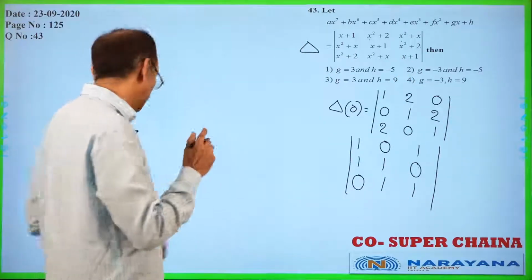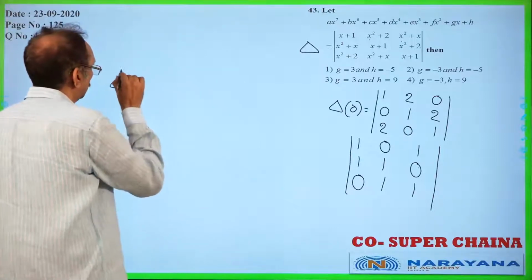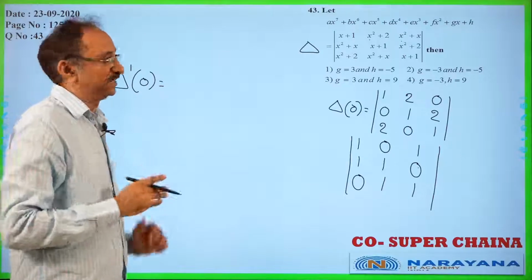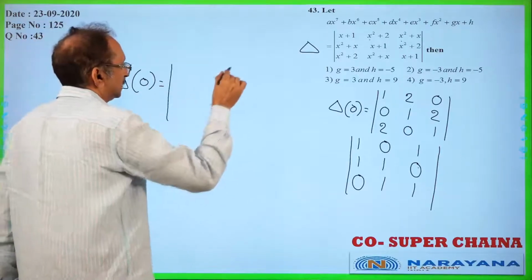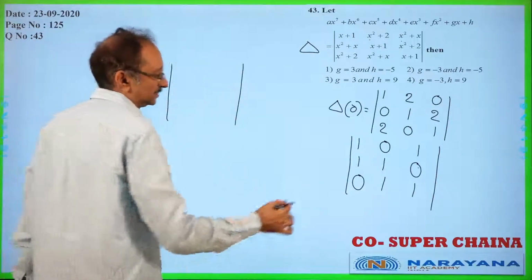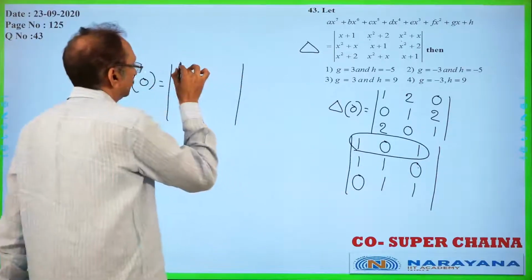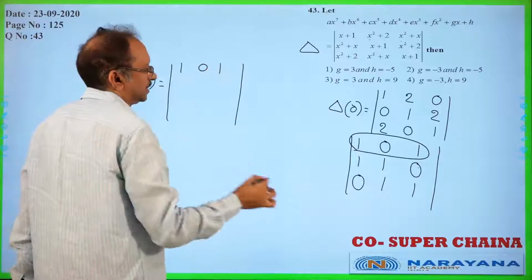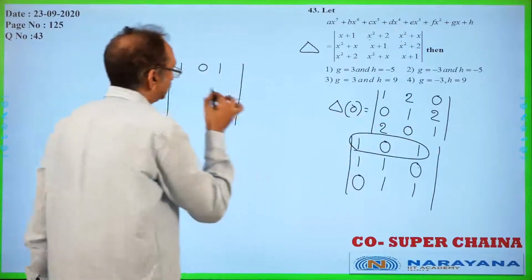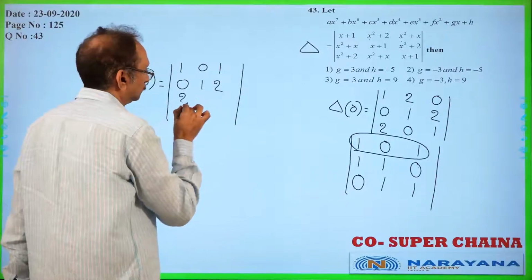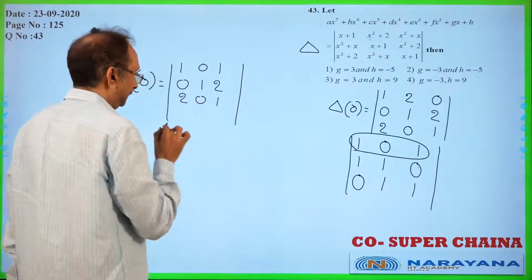Okay. And now delta dash 0 is the sum of 3 determinants. What is that? These are the derivatives now. The first determinant: write the first row as the derivatives 1 0 1, and the remaining 2 rows as they are, 0 1 2 and 2 0 1.